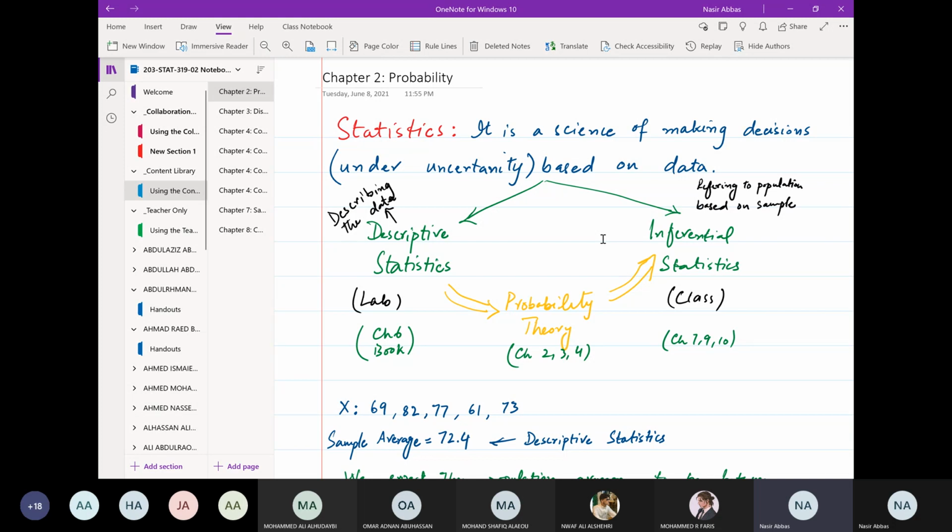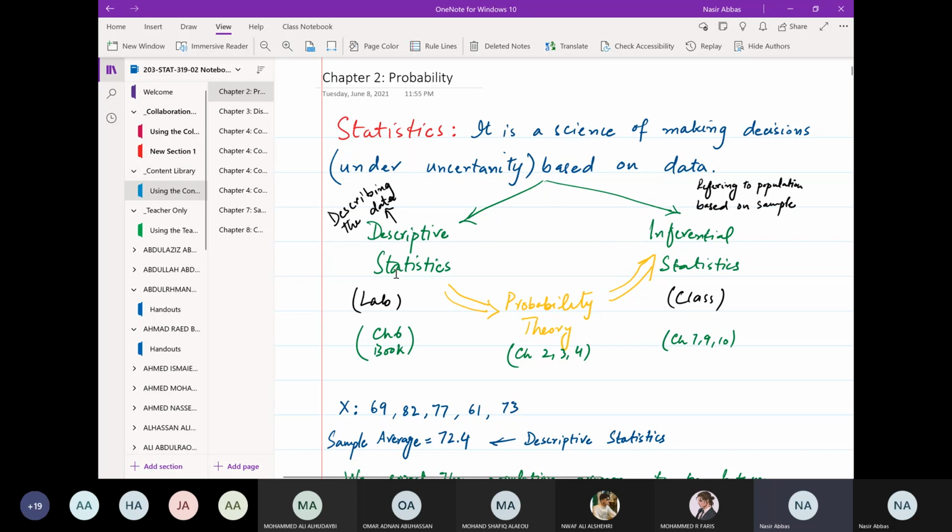Now, to bridge the gap between descriptive statistics and inferential statistics, we have probability theory. So we are done with that bridging. Now we have enough information about probability theory. We know basic probability, the discrete distributions, the continuous distributions, and the sampling distributions.